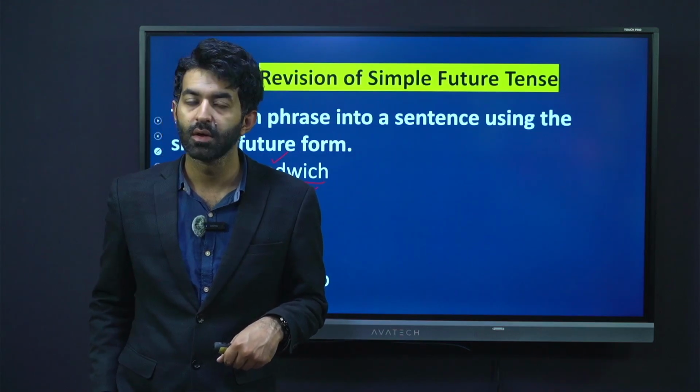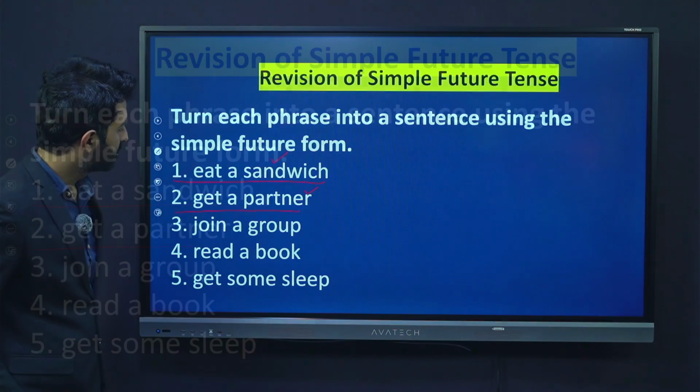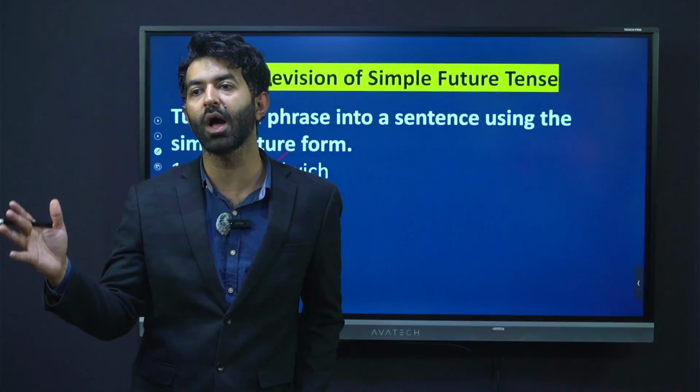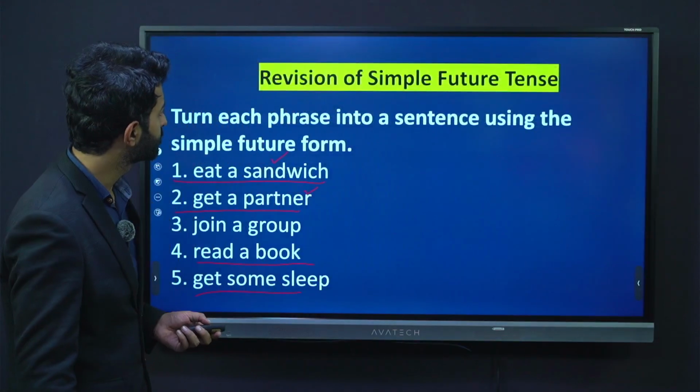All right, so join a group. Yes, Amna will join a group in the class. I will read a book. Get some sleep. She will get some sleep, or she is going to get some sleep. अब going to और will दोनों आप इसमें इस्तेमाल कर सकते हैं.